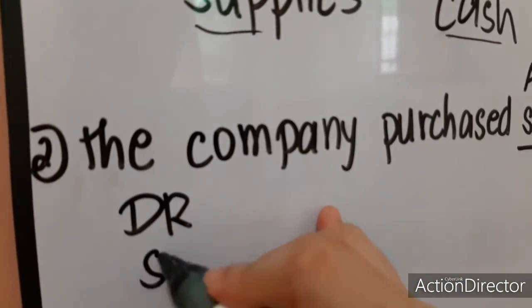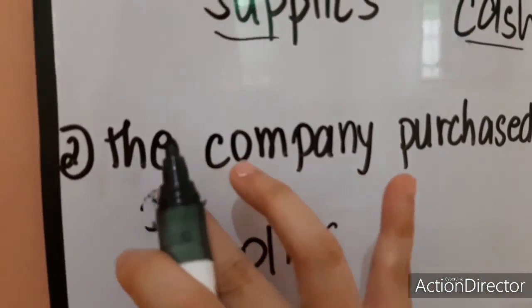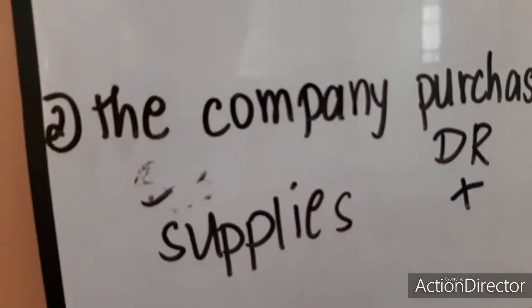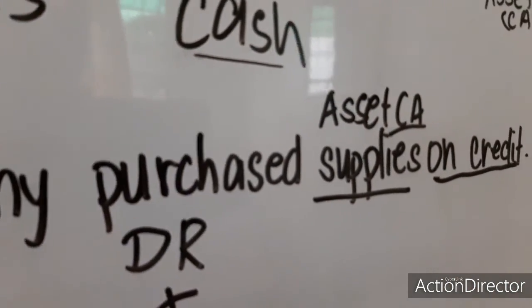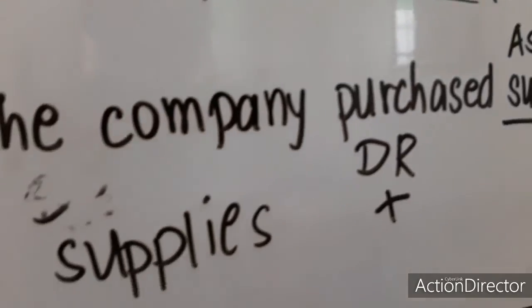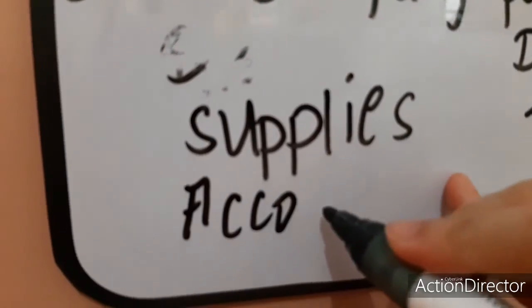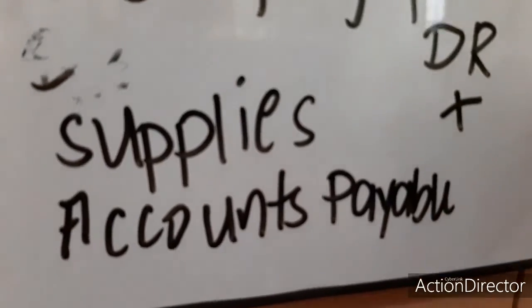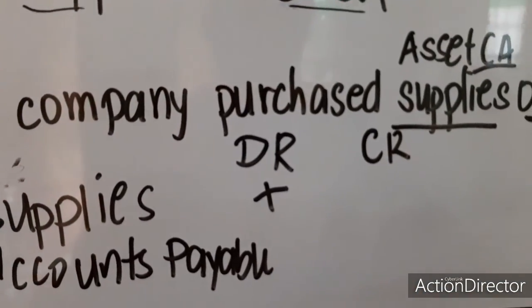Supplies increase on the debit side. Then we have the credit. It means that the company purchased the supplies but they haven't paid. So that would be a part of liabilities. That would be accounts payable. Accounts payable increases on the credit side.